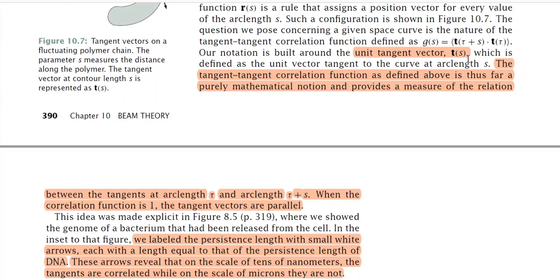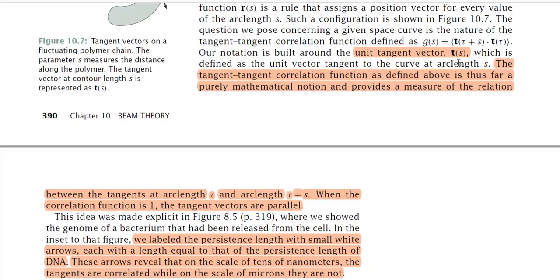T(s) is a tangent vector which has been drawn at the arc length s. So, T(tau plus s) is a tangent vector drawn at the arc length tau plus s, and T(tau) is a tangent vector drawn at the arc length point tau. So, T(tau plus s) dot T(tau) is defining a correlation.